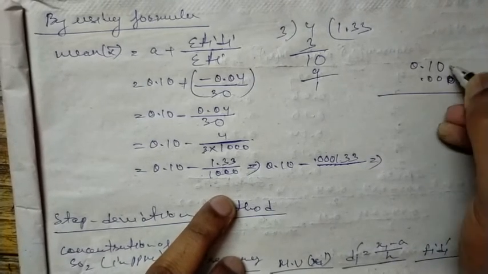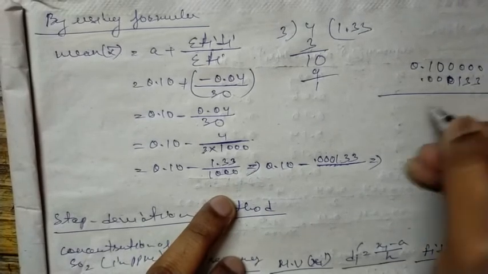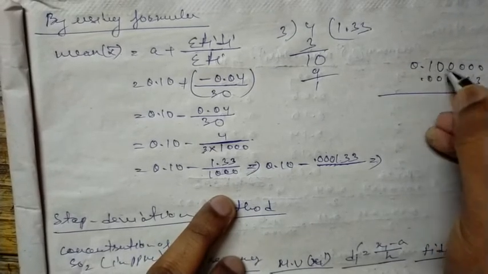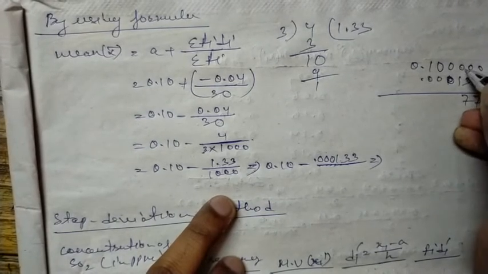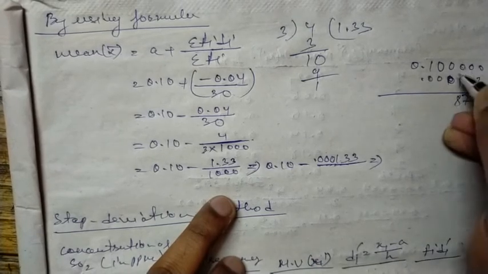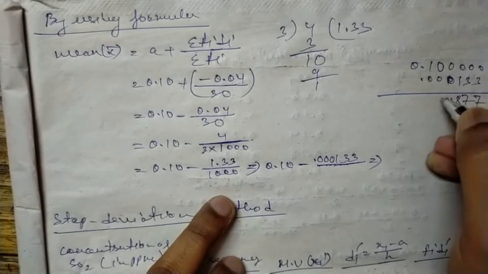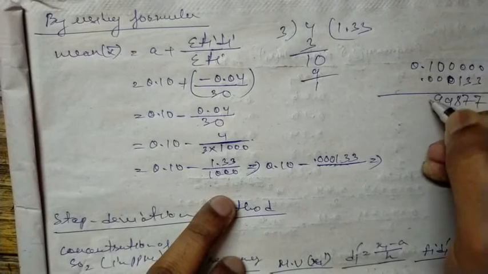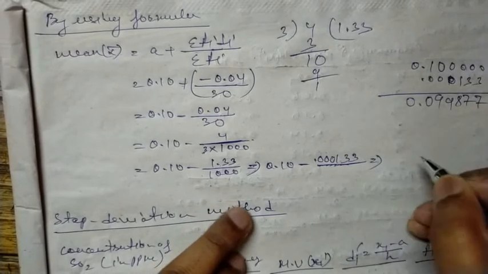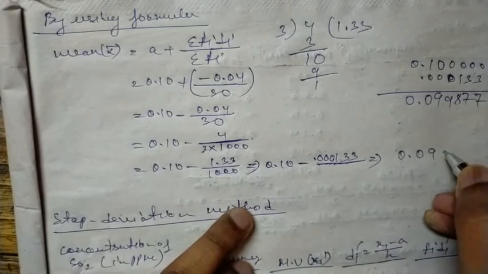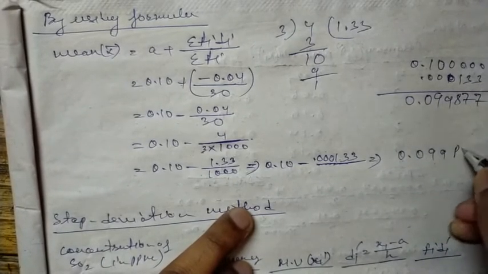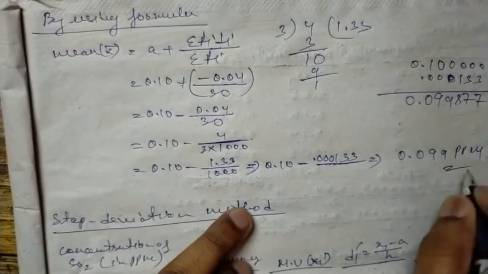If I subtract, it will be 0 0 0 0, right? So it will keep on carrying over. It will be 7, then 9 minus 8, then 9, then 9, and 0. So we got 0.099 ppm. Okay, got this one.